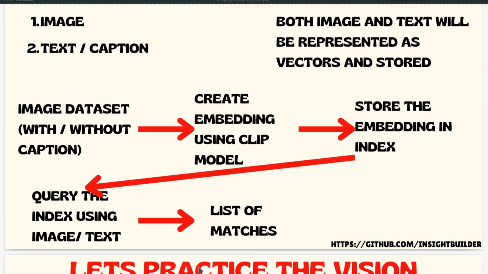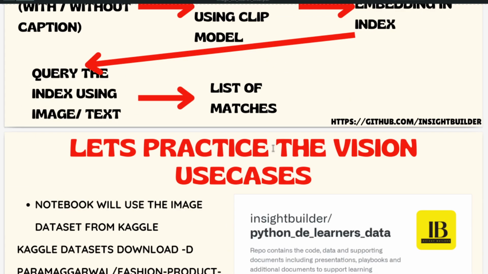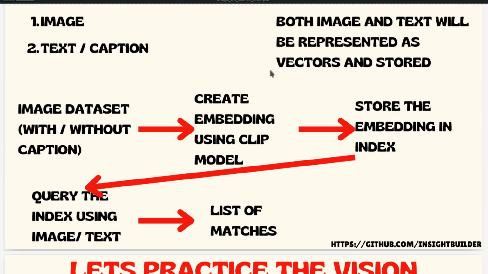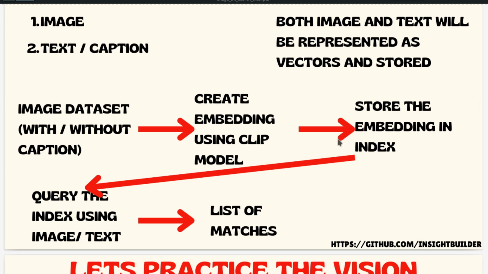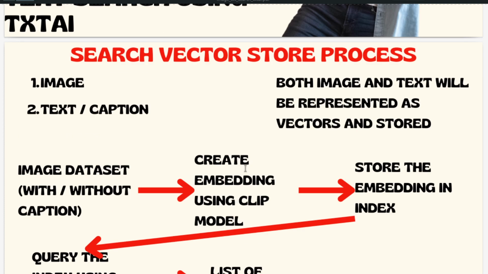Okay, with that, we have actually come to the close of this particular video. I hope that you understood the entire process of doing the vector embedding of both images as well as text, and then doing the search based on images as well as text. I missed the vocabulary there.